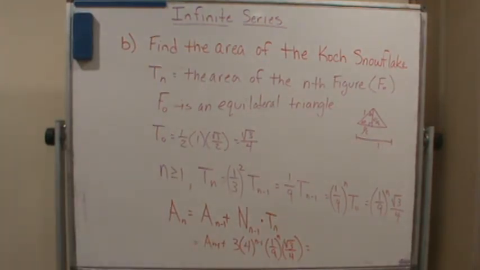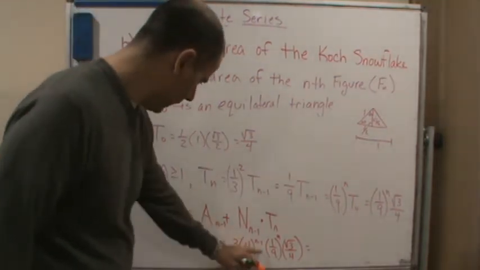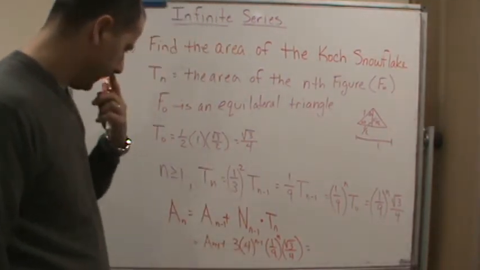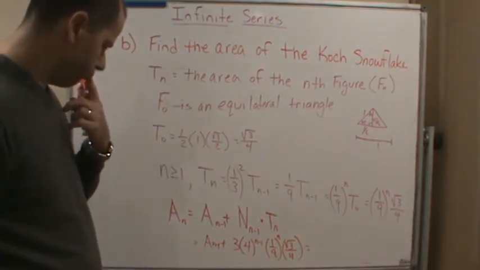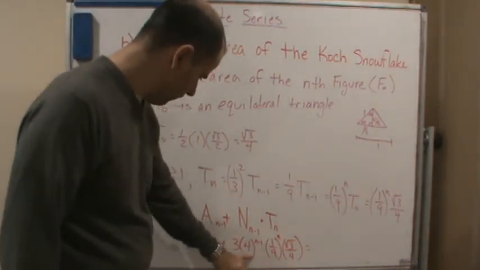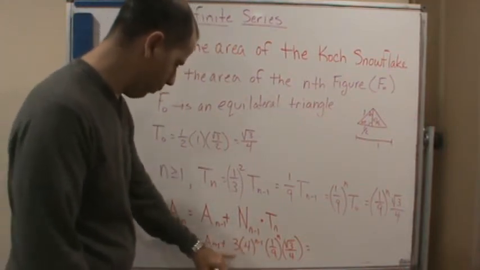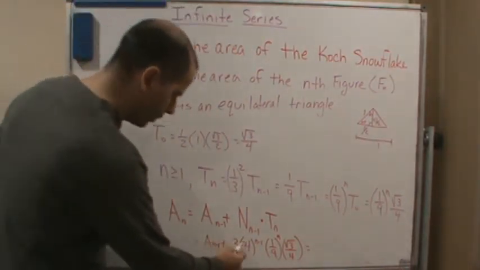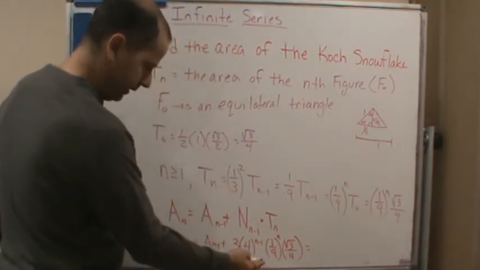Okay, so now let's simplify this and rearrange this. So here we got n minus 1. Let's multiply the top and the bottom by 4. So let's put a 4 here. If I multiply this by 4, if I add another 4 here and then divide by 4, it'll cancel each other out.